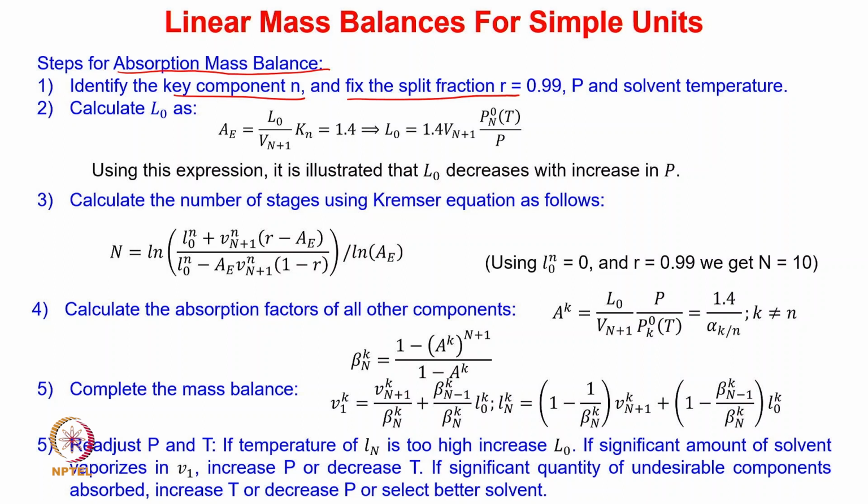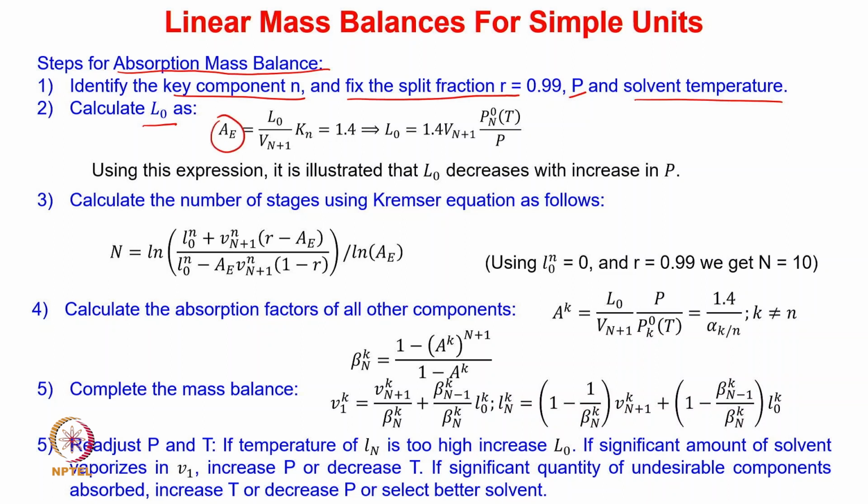The next parameter we have to specify is pressure, and then the solvent temperature. Remember that for L naught, we can use ae equal to 1.4, that is the thumb rule.